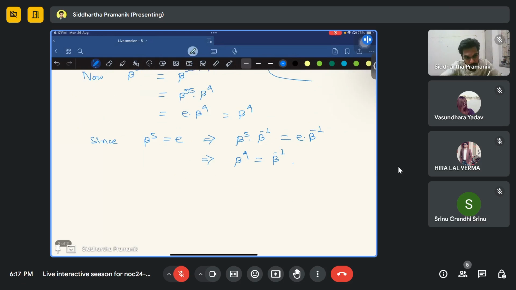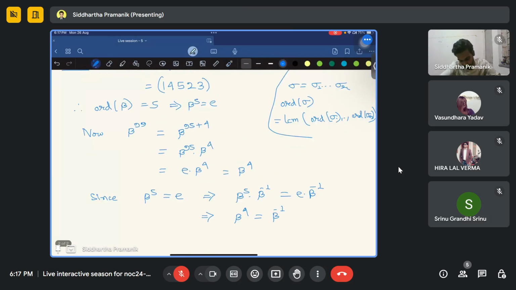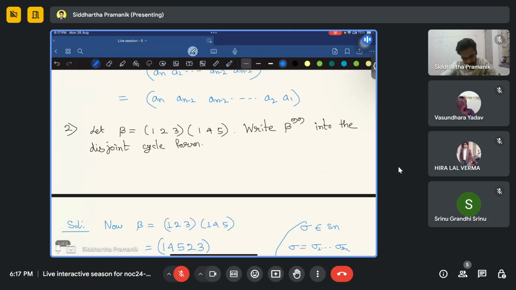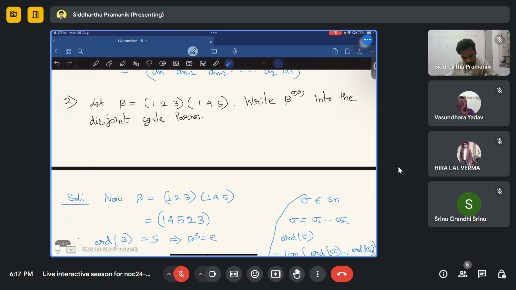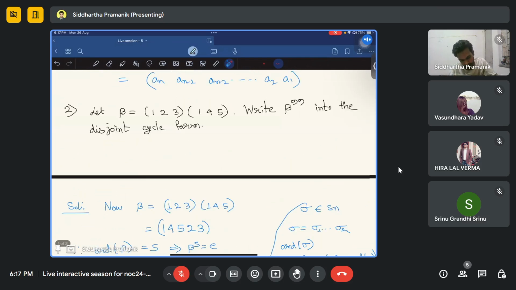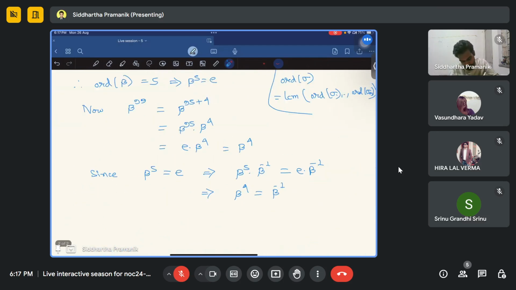So ultimately, we need to calculate beta inverse. So you can see we have reduced the problem step by step. We first found the order of beta. Then from that, we simplified beta to the power 99 as beta to the power 4. And again, we simplified it as beta to the power 4 equals beta inverse.